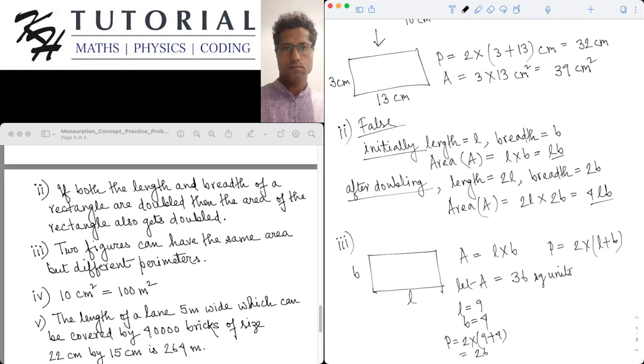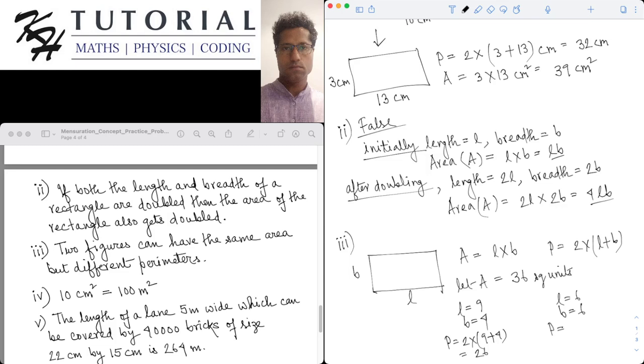And let's say L is 6 and B is also 6, which becomes a square. Anyway, it does not matter. So in this case, if L is 6, B is 6, the area is 36. If L is 9, B is 4, area is 36.